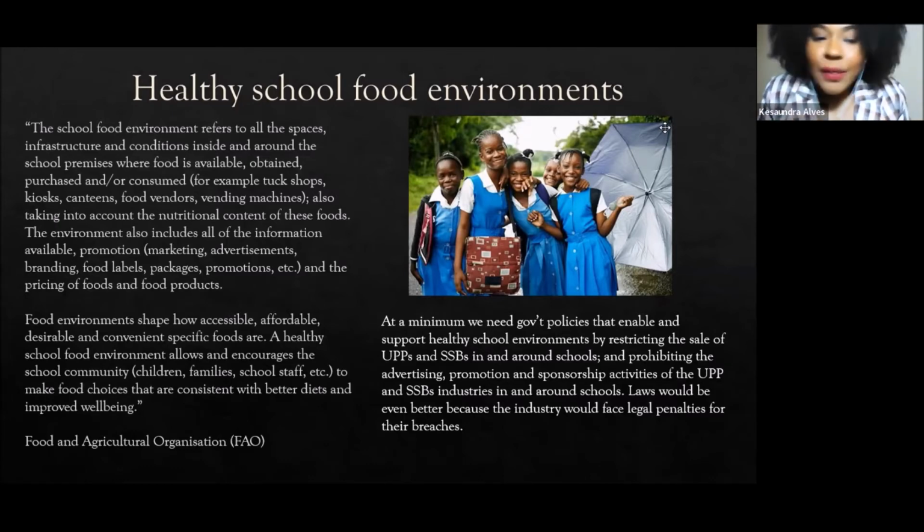A healthy school food environment allows and encourages the school community to make food choices that are consistent with better diets and improved well-being. So this is why you as advocates have to fight for healthy school policies that enable and support children having access to healthy diets and less chance of overweight and obesity and NCDs.